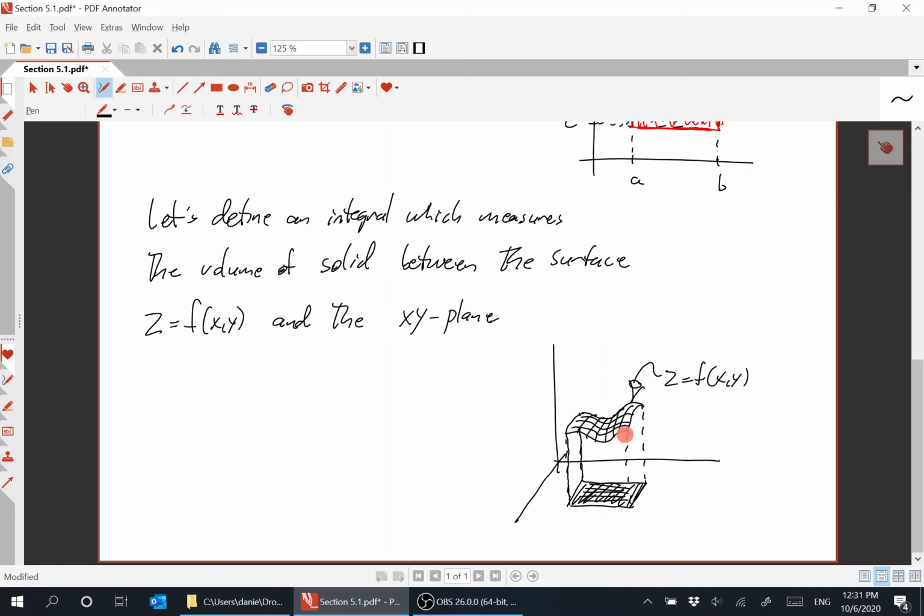Regions below the xy plane are considered to be negative volumes. Regions above the xy plane are considered to be positive volumes.